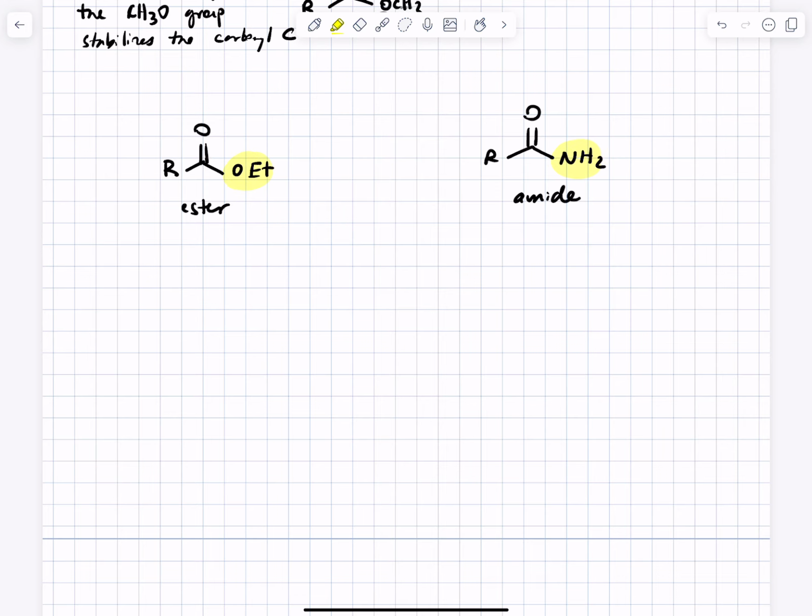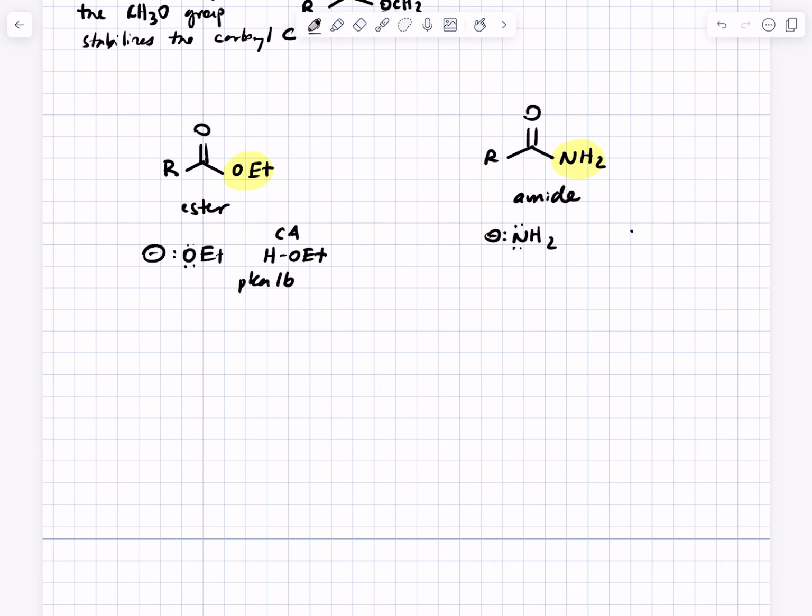So those are the two leaving groups. Draw them as they would be with their negative charge after they had left. Get a sense for which is the best leaving group. To do this, you can look it up in a pKa table in chapter 2 or at the end of your textbook or at the end of the exam. Conjugate acid of the ethoxide group is ethanol, which has a pKa of 16.